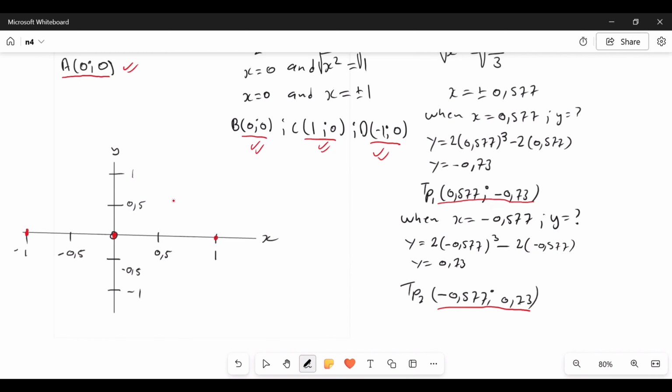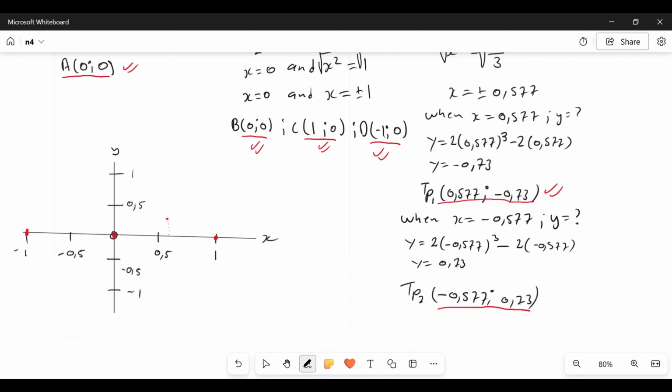Now it's time for us to draw the turning points. Let's start with turning point 1. Now turning point 1, when x is 0,57, which is very close to 0,6, our y is going to be -0,73. So let's start when x is 0,57. So 0,5 for x, it's somewhere there. Maybe somewhere here we can say 0,56.